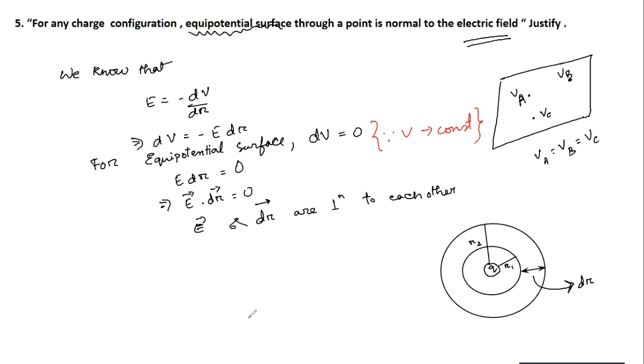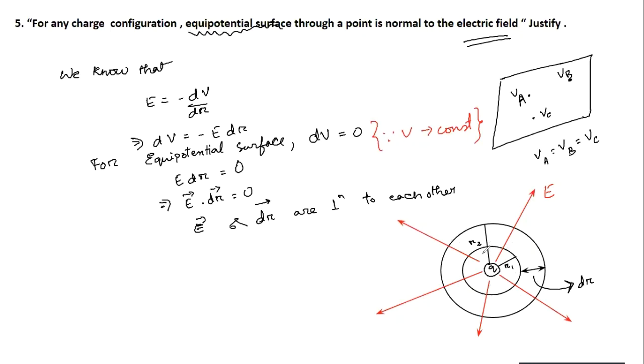Right. Now, since this is charge Q and it is my source charge, it is generating a certain electric field. So it will be generating a radially outward electric field. As you can see here, at every point your electric field line is normal to every equipotential surface.